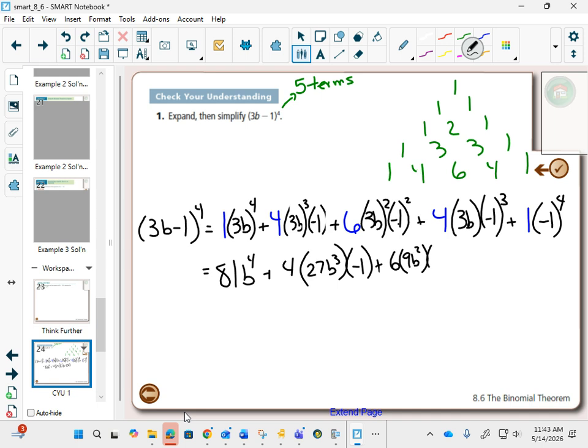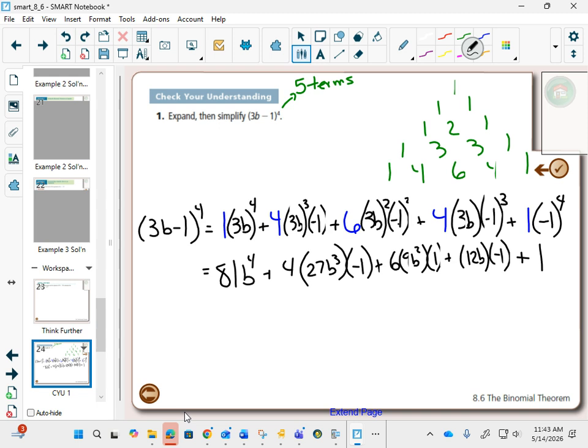If I square this, positive 1, plus negative 1 cubed is still going to be negative. I'm going to multiply those together. I'm going to get 12b times a negative 1. And then negative 1 to the 4 is going to be a positive.